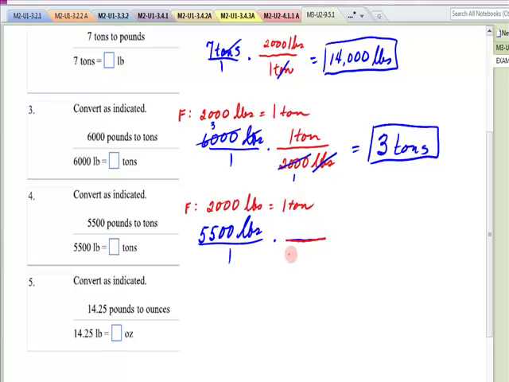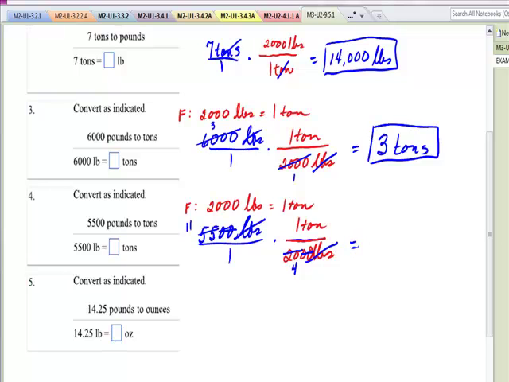I want pounds to go away, so the 2,000 pounds has to go on bottom, and the 1 ton is on top. I know I'm doing it right because the units tell me I am. The pounds are gone. Now, this is 2,000. 100 goes in here, knocking out those 2 zeros. 100 goes in there. I could do more. I think 5 will go in there. 5 will go in there 4 times. 5 will go in there 11 times.